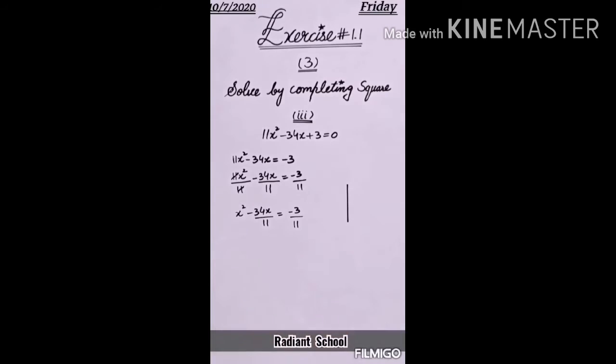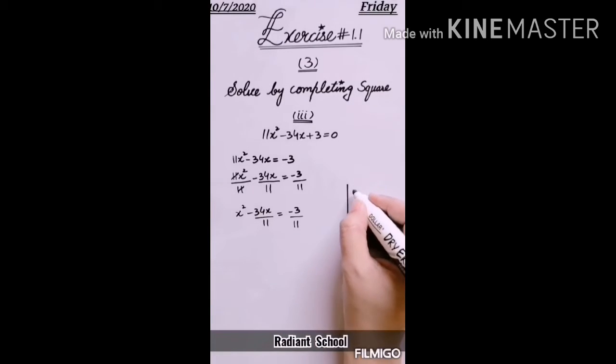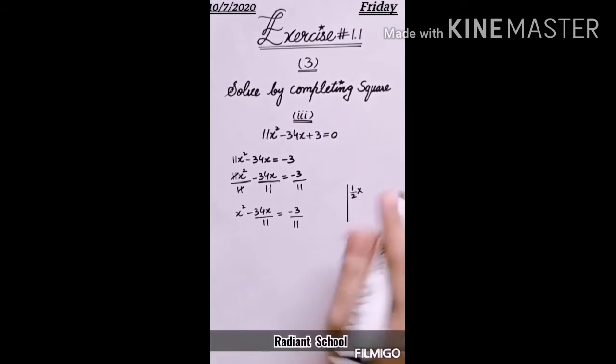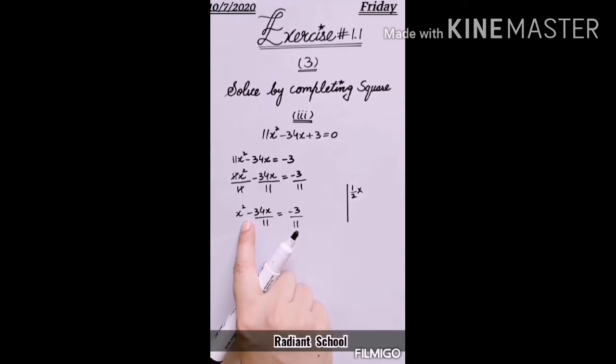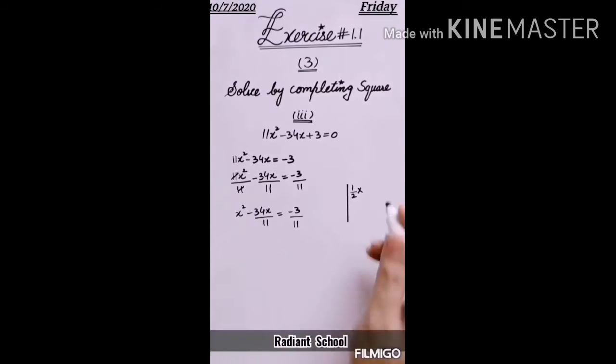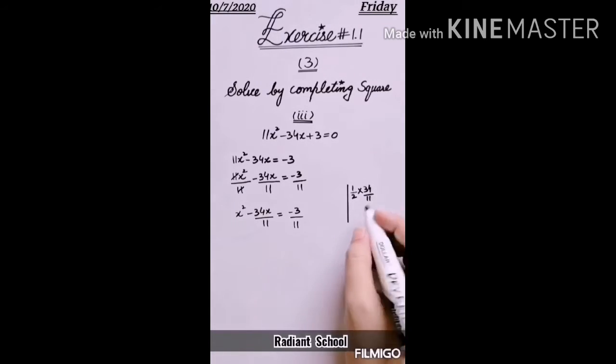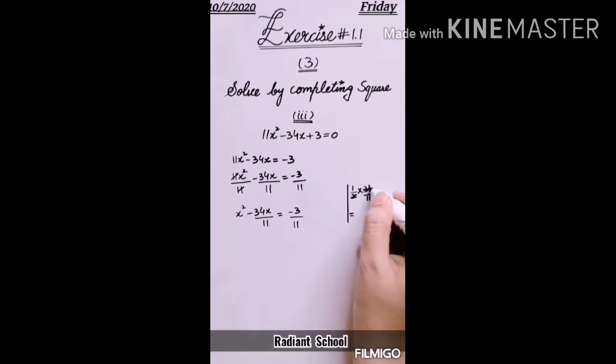The third step is that, on rough side, you have to multiply by 1 by 2 the coefficient of x, without the sign, without plus or minus. The coefficient of x is 34 over 11. So you have to multiply this 34 over 11 with 1 by 2 and simplify it. It will be cancelled. It is 17 over 11.